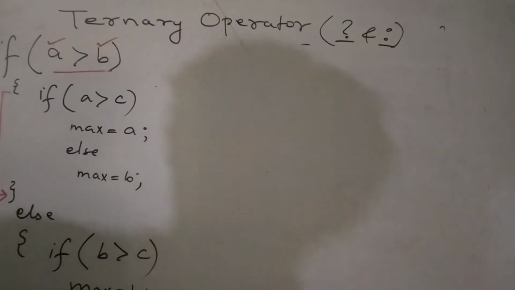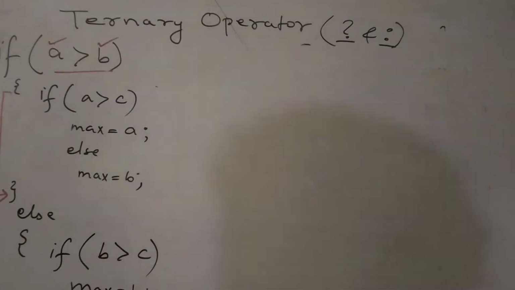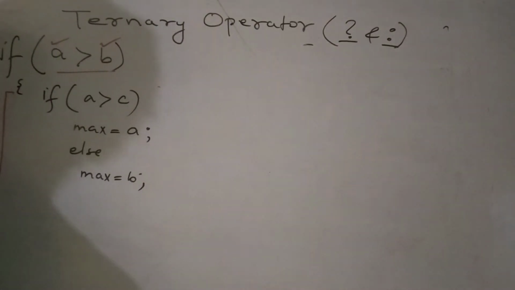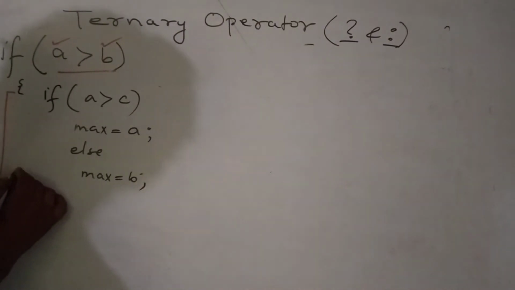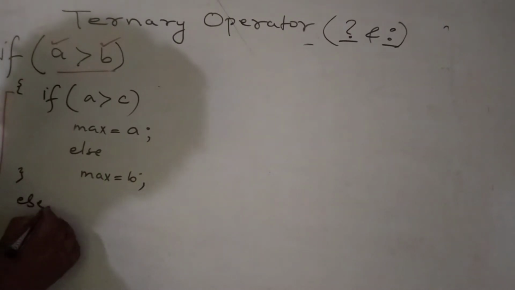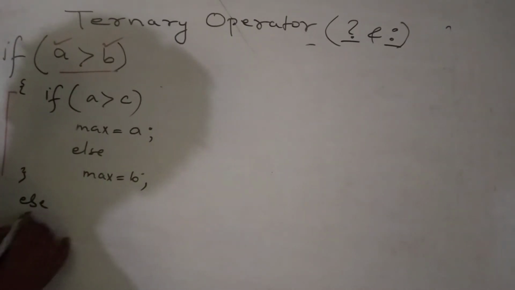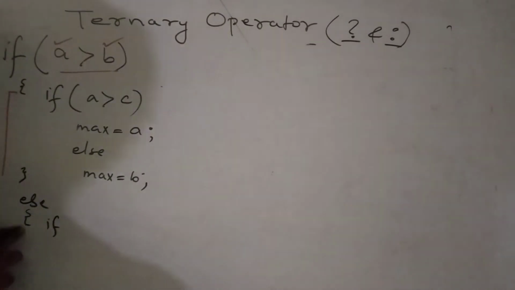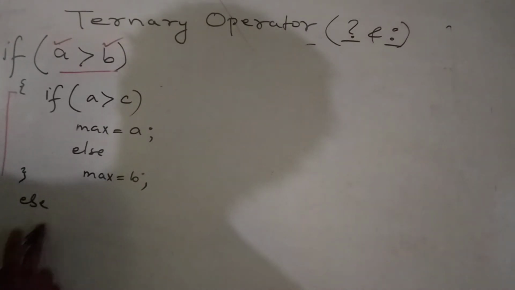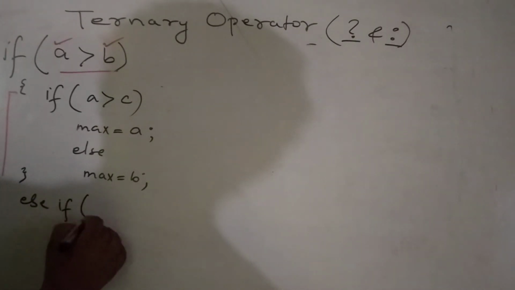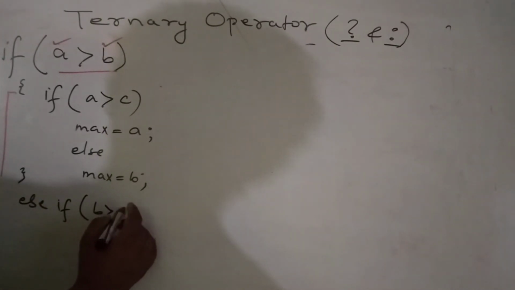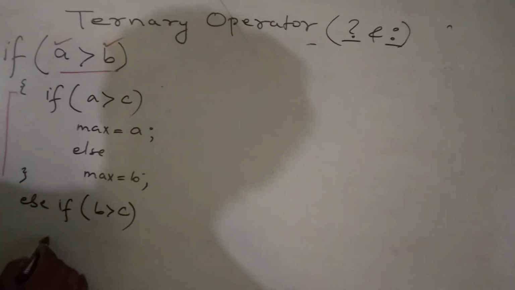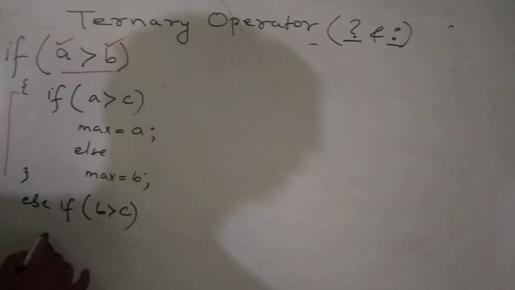else. Is it visible? Oh, sorry, it's not visible. Okay, so once again I'll write this a little bit upper. Okay, now else if B is greater than C, then what we can write out here?